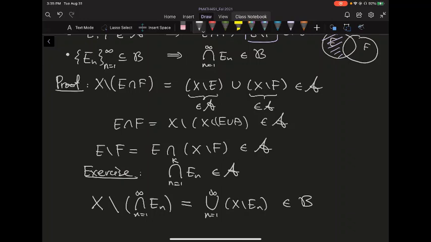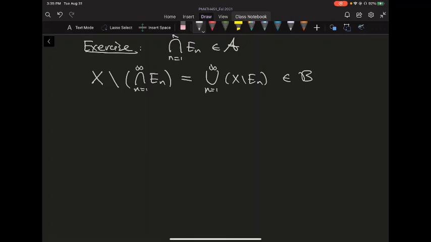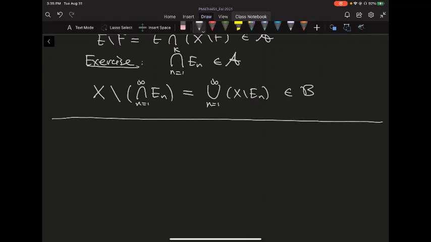All right, so these are two basic properties, and there's one more thing I'd like to show about the relation between an algebra and a sigma algebra. It uses a nice little trick. We will be using this trick eventually, so I'll do a proposition right here.